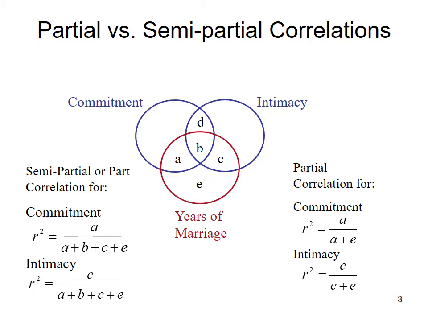So in this case with commitment, A is the unique variance explained in years of marriage, and we're going to divide that by all the variance in years of marriage, which in this case is A, B, C, and E. So this one includes variance that's being explained by others, but is looking at the semi-partial explanation of commitment on that overall variance.